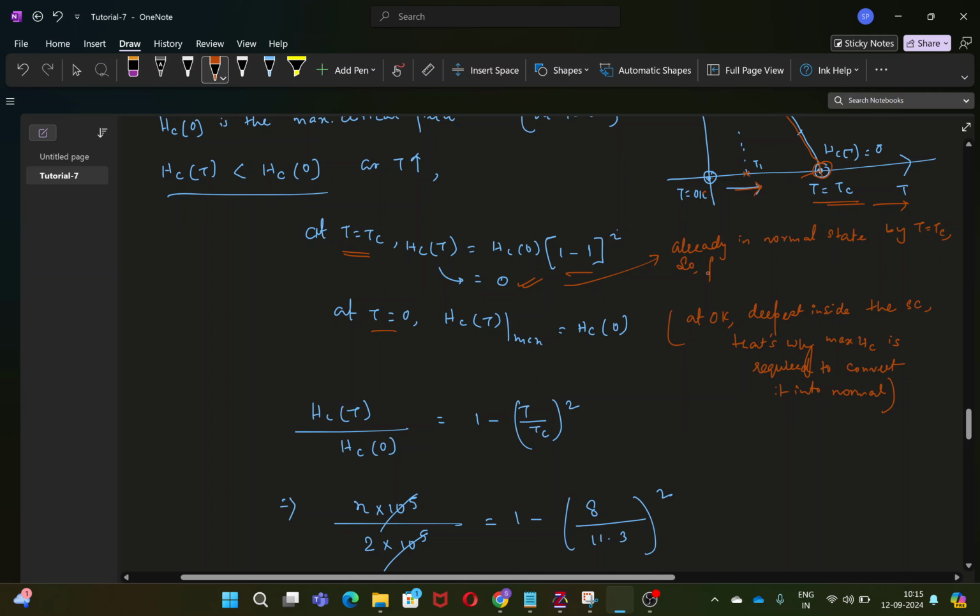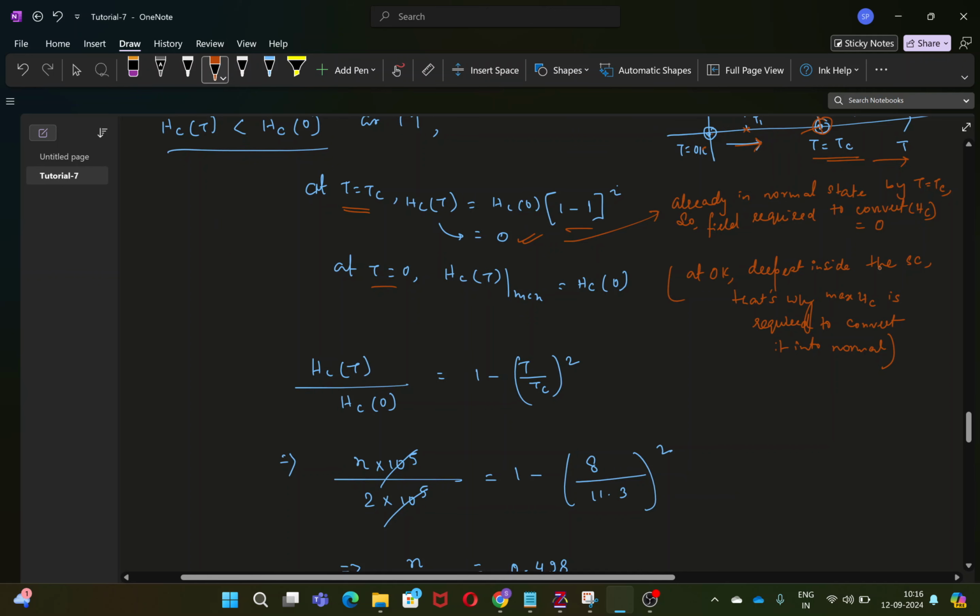So the field required to convert it to normal, or in other words, the critical field, will not be needed at all. So that is why Hc will be 0 at, sorry, at T equal to Tc.